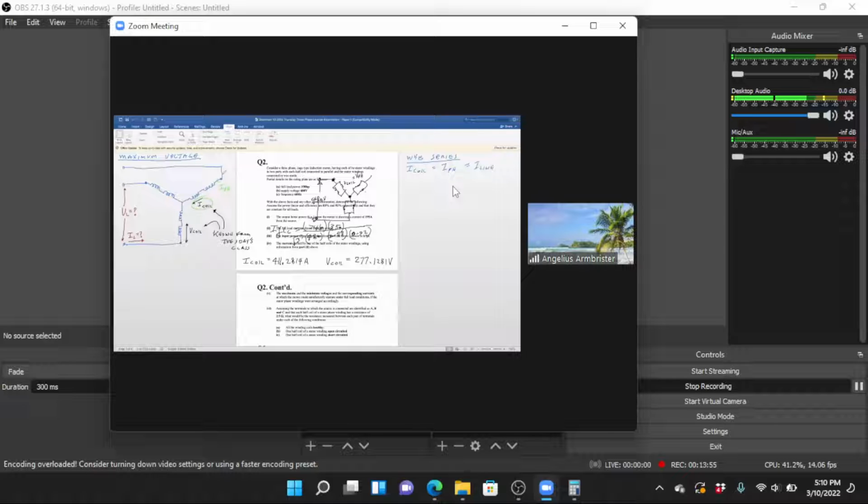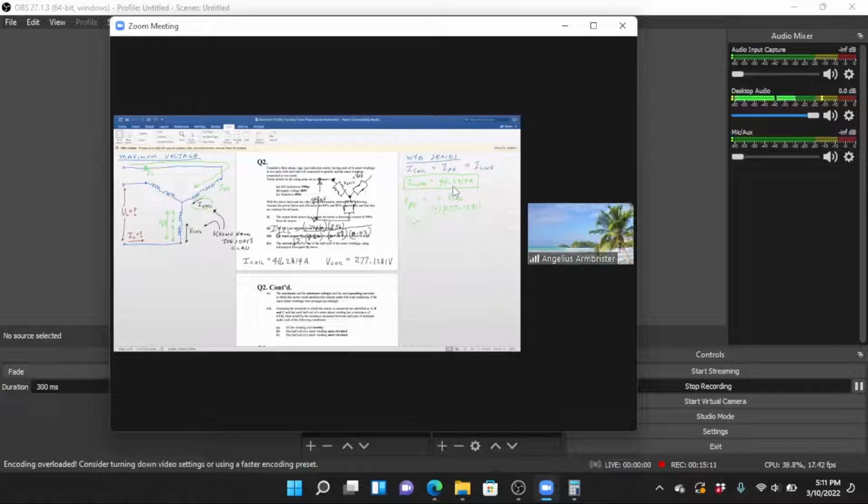Then when you get to the voltage, this is V coil here. This is V coil. This is V coil. And the two of them together will make up V phase. So V phase equals 2 times V coil, which is 2 times 277.1281.